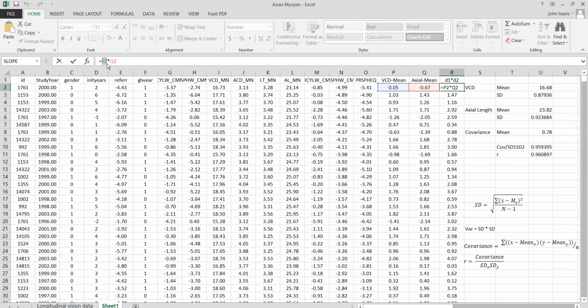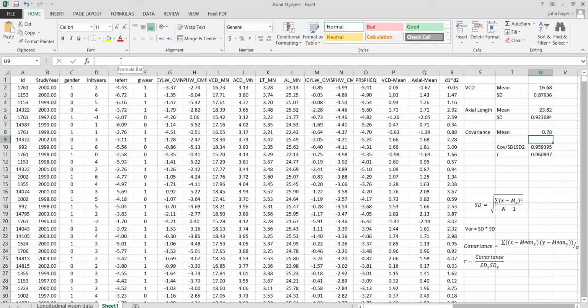So we're multiplying the difference from the mean for vitreous chamber depth by the difference from the mean for axial length. And then we take the average of that column, and that's the covariance. In this case, the covariance is 0.78.